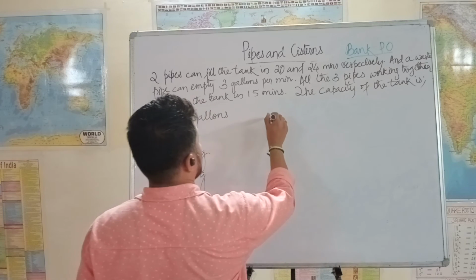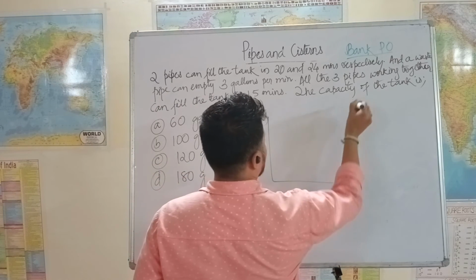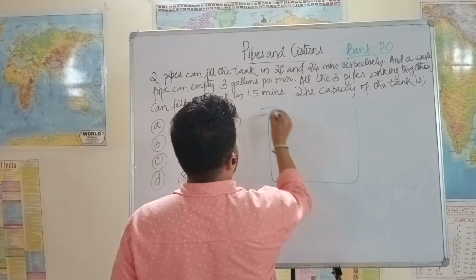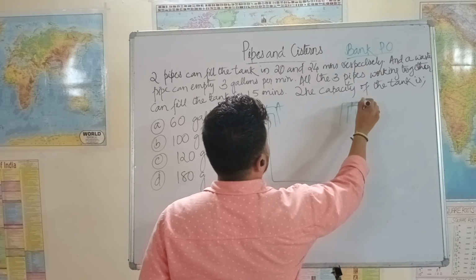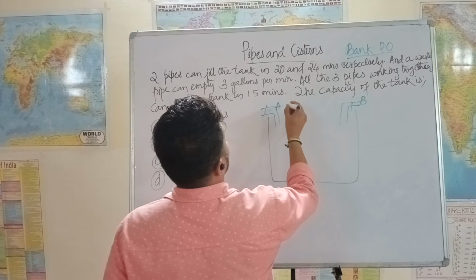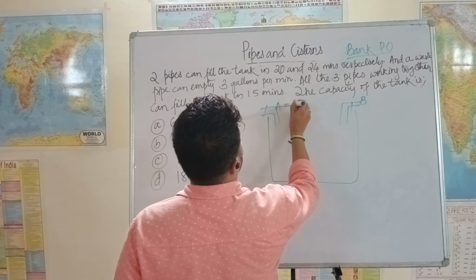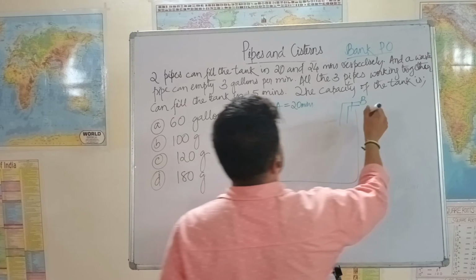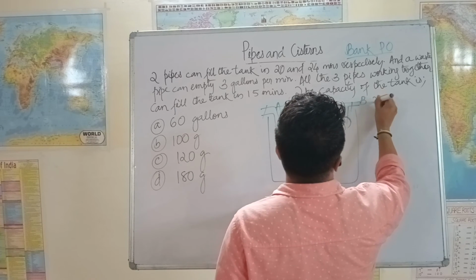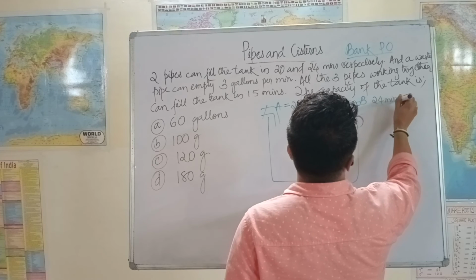See, there is a tank, and pipe A, pipe B. Pipe A has the capacity of filling the entire tank in 20 minutes, and pipe B can fill the entire tank in 24 minutes.